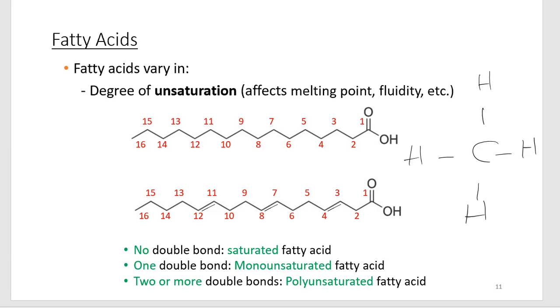If it's missing some hydrogens, if it's not fully saturated with hydrogens due to the presence of double bonds, then we call it unsaturated fatty acids. Then it will look like that.